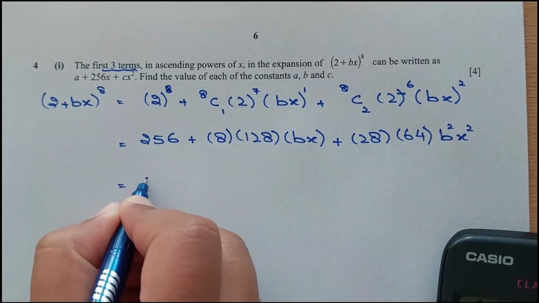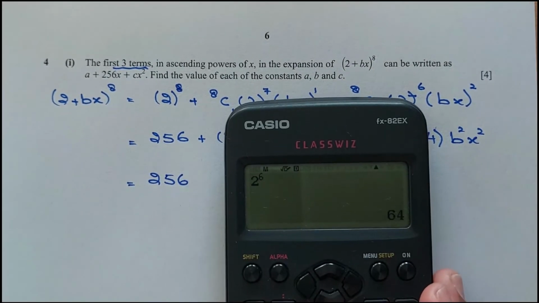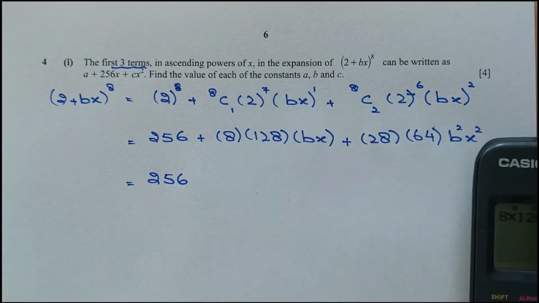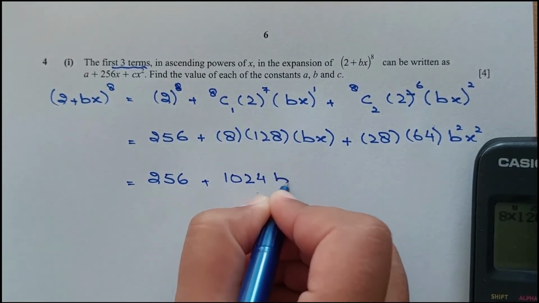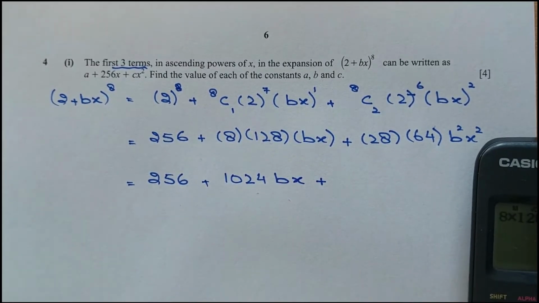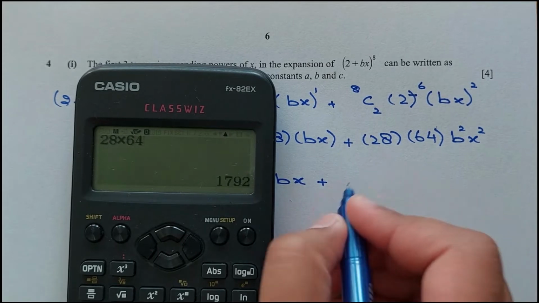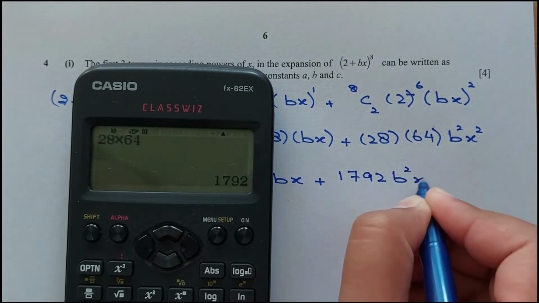Let me simplify again. So 256, 8 times 128, that is 1024 bx, plus 28 times 64 is 1792 b square x square.